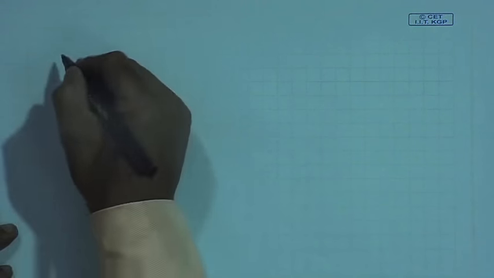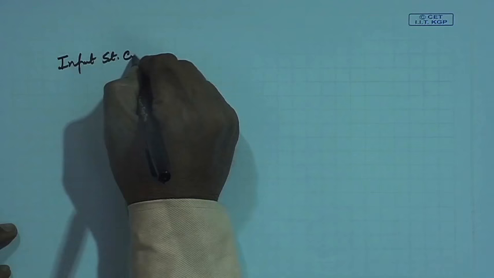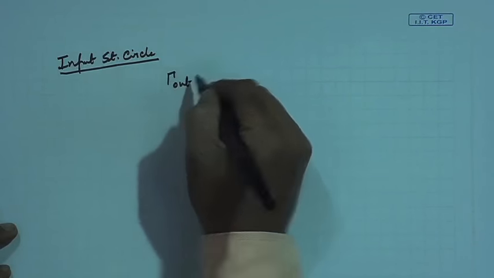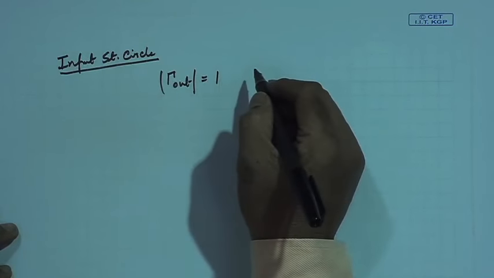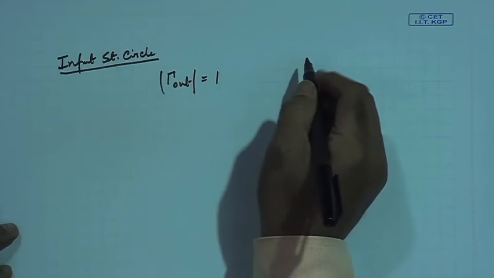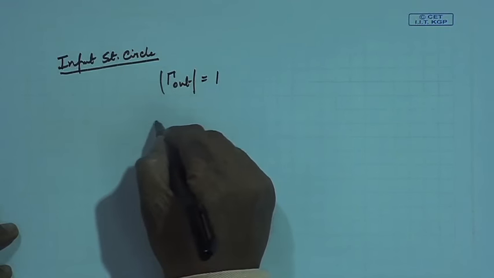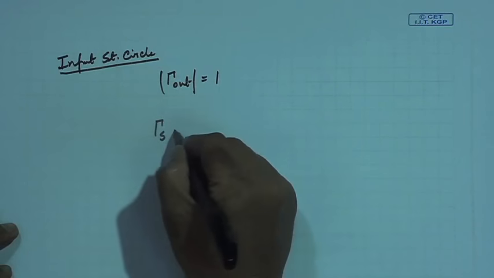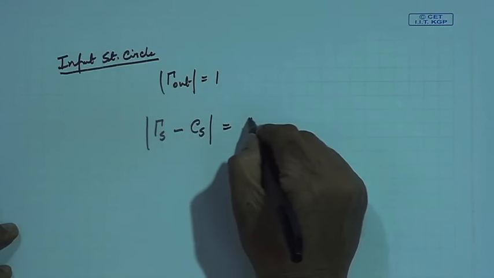Similarly, I can have the input stability circle, which will be given by gamma out equal to 1. Again, gamma out, you know, is a function of gamma S. So, if I properly rearrange, then gamma S minus CS is equal to RS.